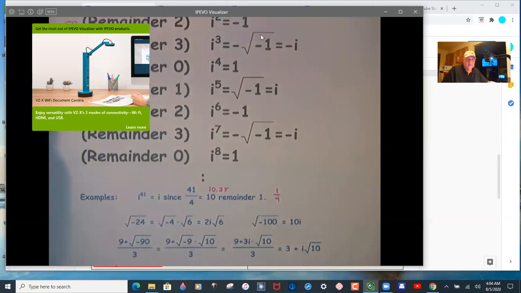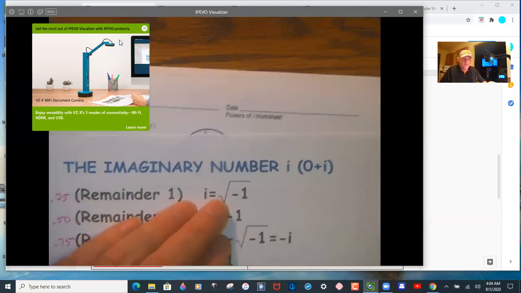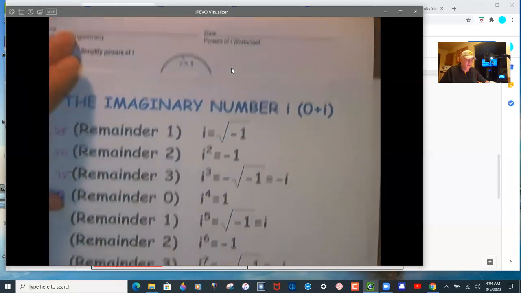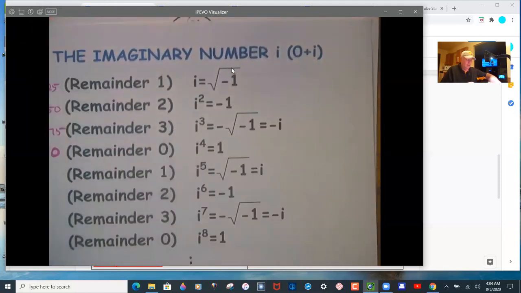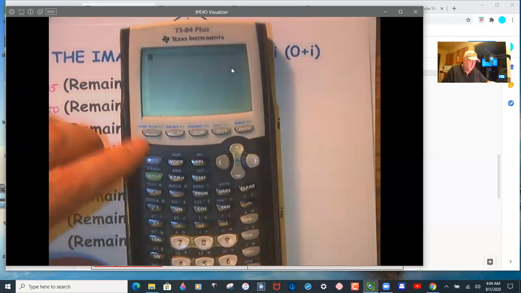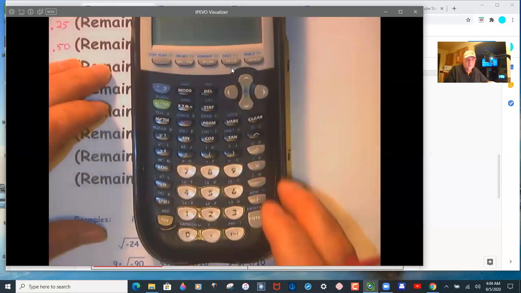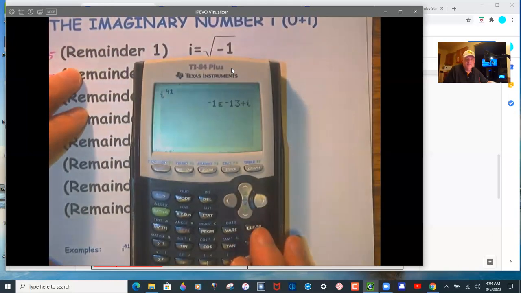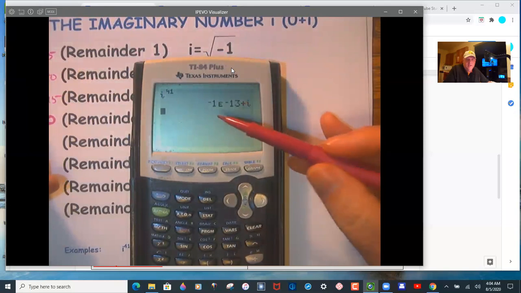So there's my little reminder again. That means that you look on the 0.25 line and that this would be the same as i. Your calculator will do it, but there's a little bit of error on the calculator, and you've got to learn how to read through that. Your i button is behind the decimal point, and if you raise it to the 41st power, what does this mean?